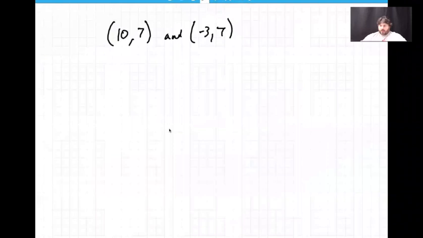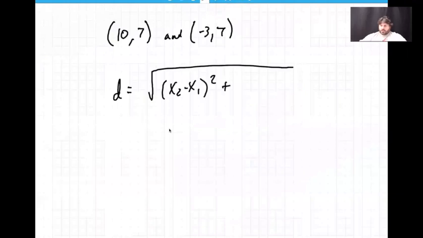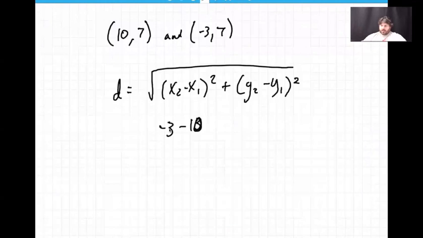All right, let's find the distance between (10, 7) and (negative 3, 7). Okay, so we have the square root of x2 minus x1 squared plus y2 minus y1 squared. All right, so x2, that's negative 3 minus 10.